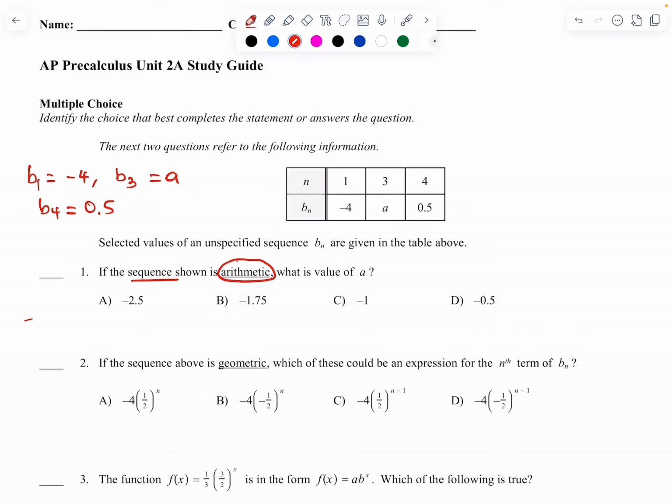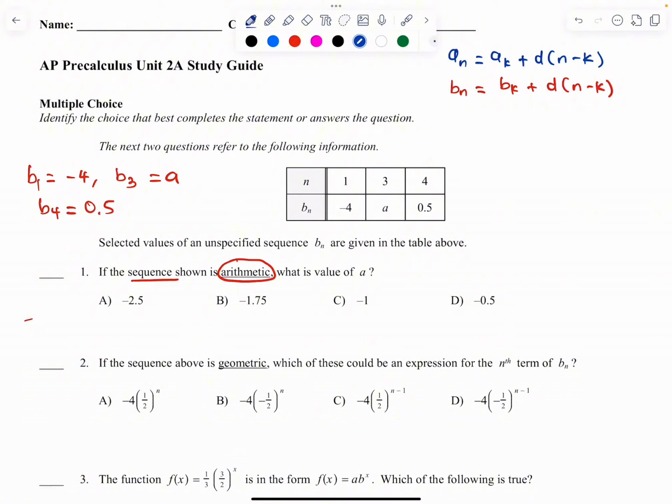Now let's write down the formula we're going to use. If you remember very well, we have An is equal to Ak plus D into n minus k. And because the sequence has said that we should have Bn, I'm just going to change anywhere I see A to B. So I have my Bn is equal to Bk plus D into n minus k.